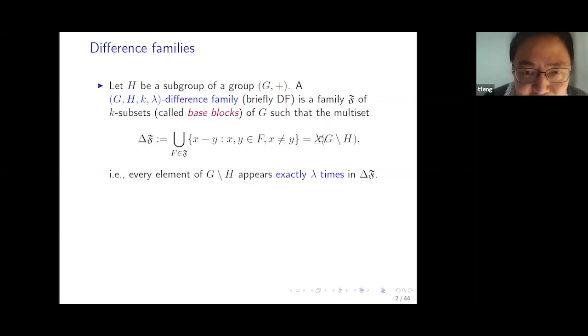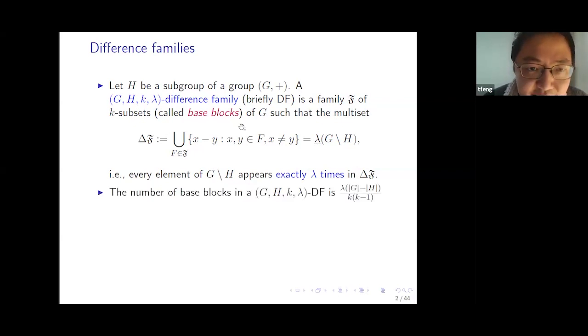If this multiset covers each element of G minus H exactly lambda times, then F is called a difference family. And for convenience, we call each k-subset a base block. I will illustrate what the meaning of base is later.